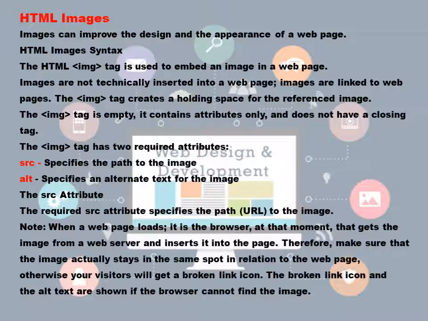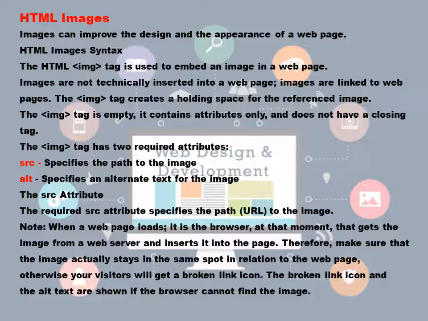Now we'll see the attributes. The first one is SRC, that is source, which specifies the path to the image. When you are taking a particular image into your web page, the path from where it is located, where it is stored, we have to provide as the value for the SRC attribute. Then alt specifies an alternate text for the image.